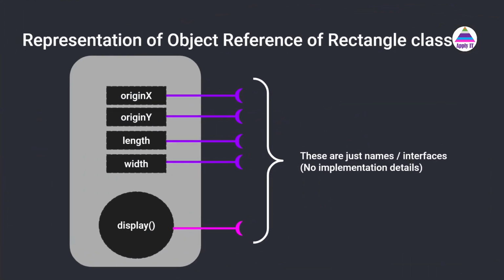In the same way, we can have a representation of an object reference. This object reference is of the rectangle class. So we have origin x, origin y, length, width, and display. These names, or we can say interfaces, are present in the rectangle class. Basically these are just names or kinds of interfaces without any implementation details.